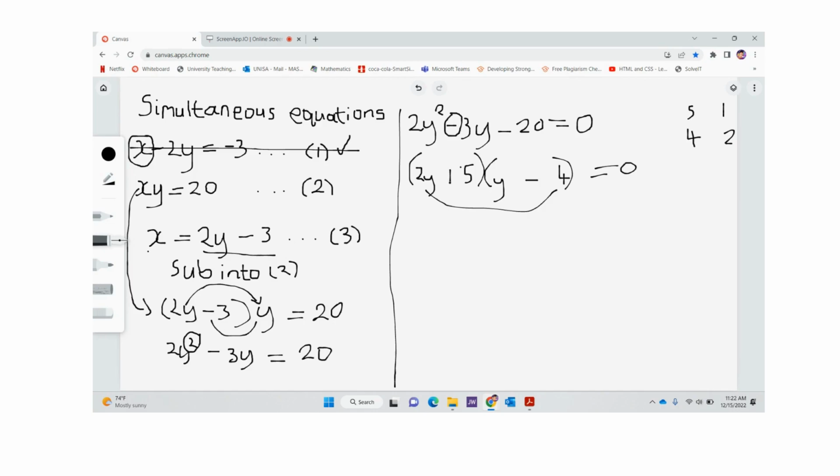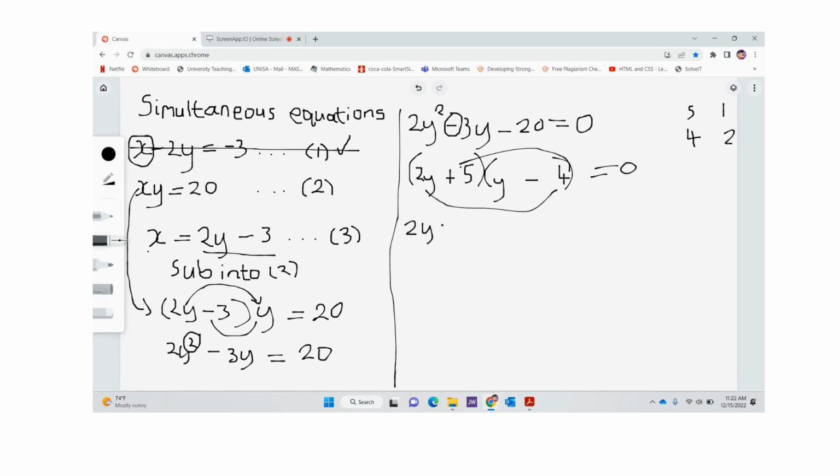Then the plus will come this side. So we're going to have minus 4y plus 5y will then give us minus 3y. And positive 5 times minus 4 is minus 20. All right, we've done that already.